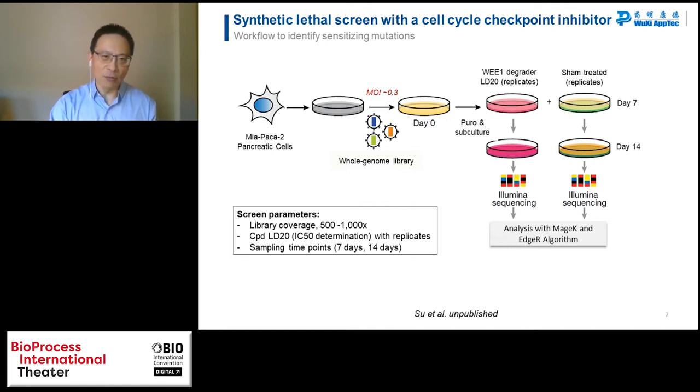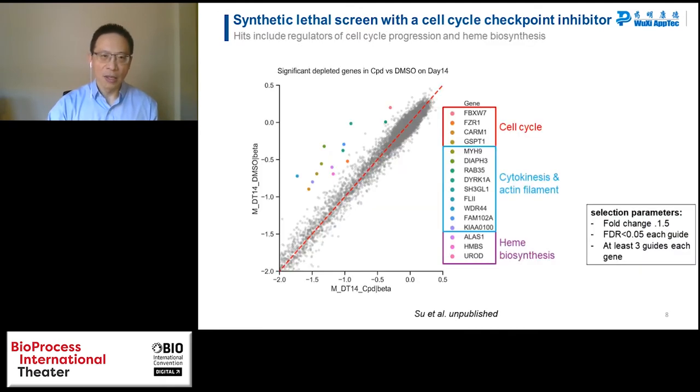I just want to mention that the initial coverage is between 500 to 1,000, since this is a negative selection of targets. By amplicon PCR and next generation sequencing, we apply the criteria shown on the bottom right corner.